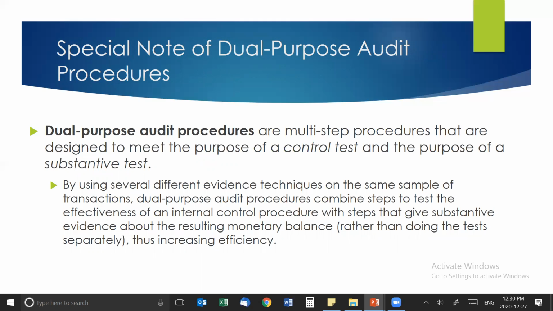You usually do dual procedures. Sometimes a procedure is going to meet testing whether the controls are being done right, and testing whether the amounts in the financial statements are correct. Sometimes you could do both in one procedure.